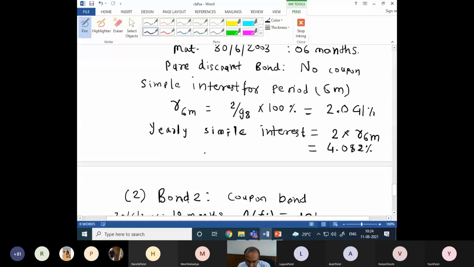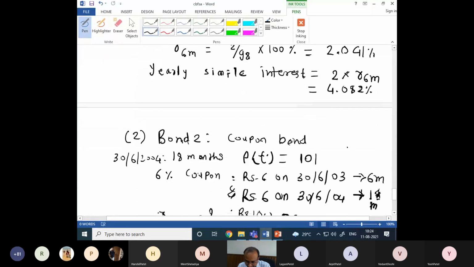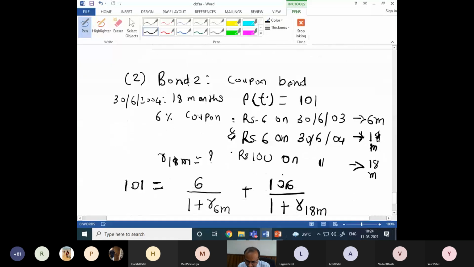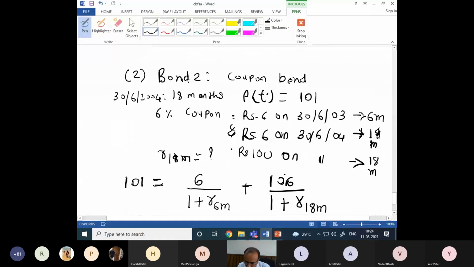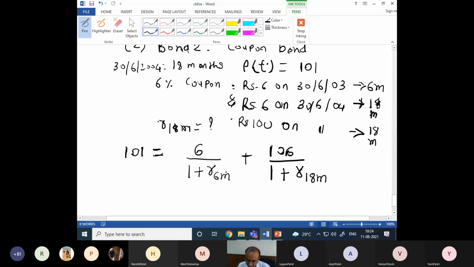In a market, we have a bond which matures after 6 months and it is giving me 2.041% return. And the second bond is this. And I want to obtain a term structure, right? So if this particular bond is also delivering the same return, then I want to calculate what will be my return after 18 months with this bond if it will deliver this kind of coupons.